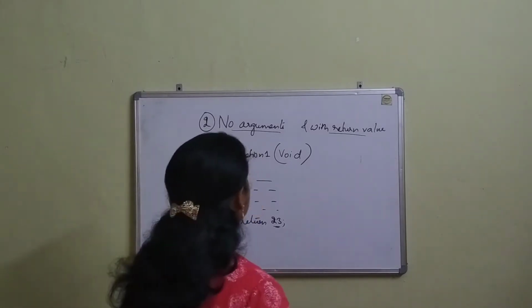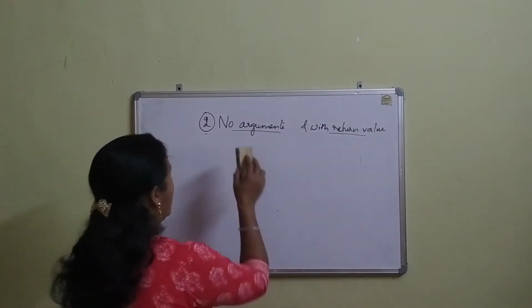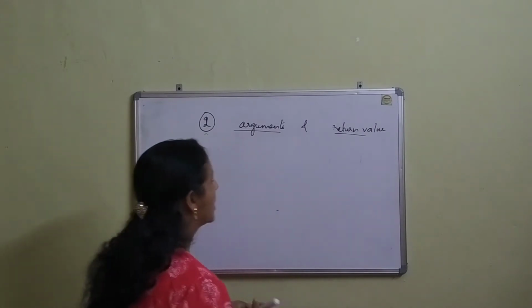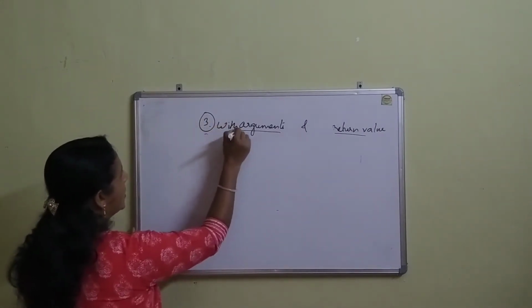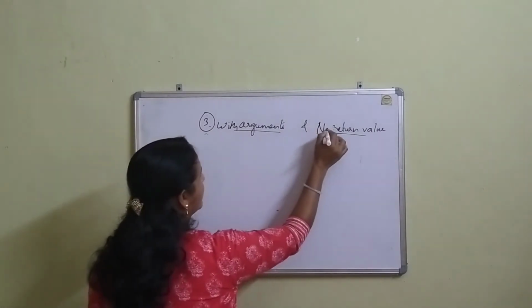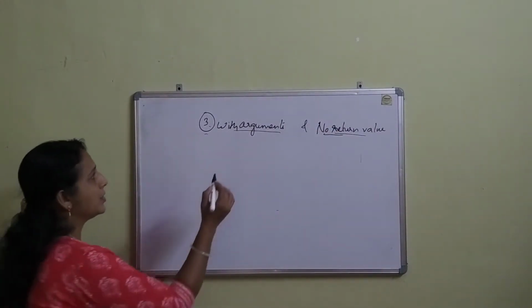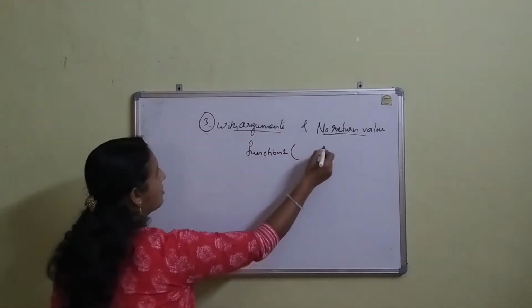Now the third category is with arguments and no return value. Clear? So suppose this is our function name. It is going to take some arguments.